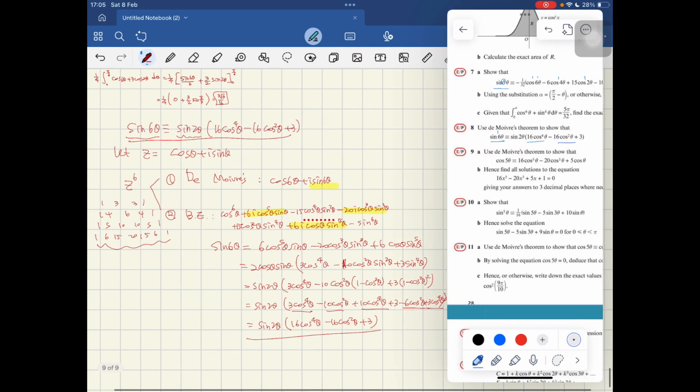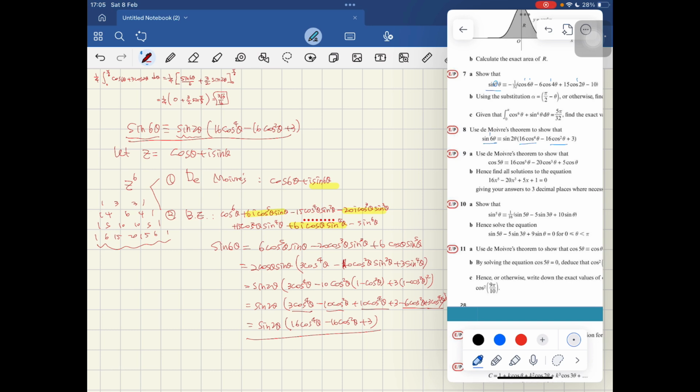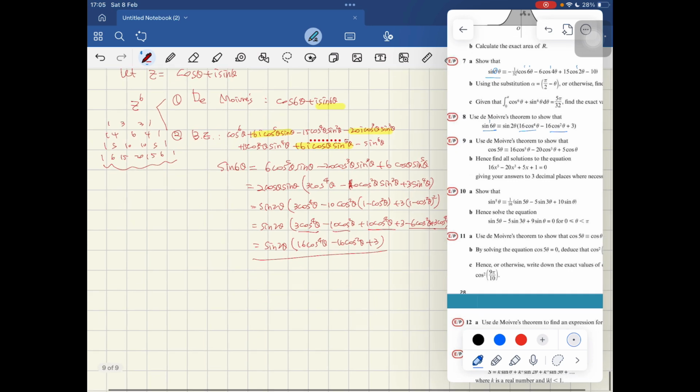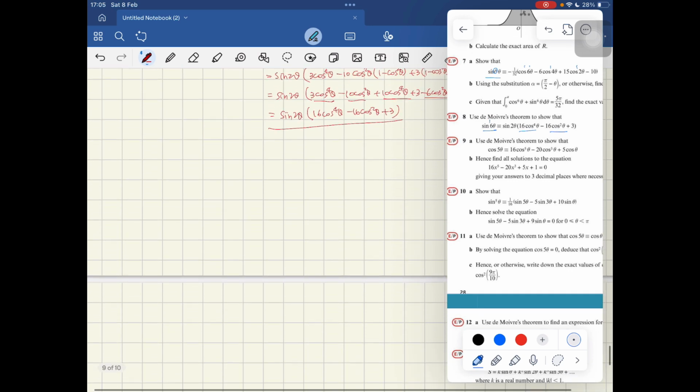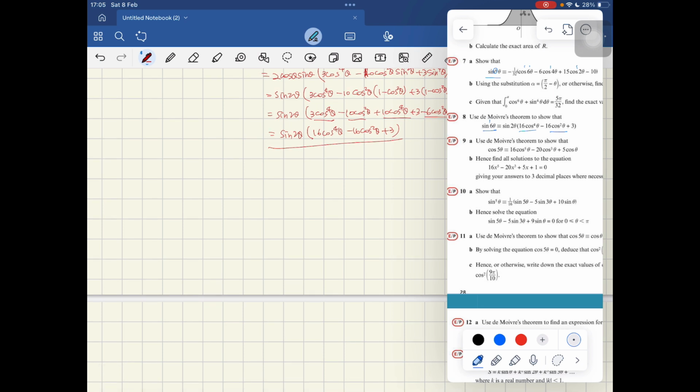The next one, number 9, part A is repetitive, so I will skip it, but I will go for part B with the result of part A. So find all solutions. Let x be cos theta, then 16 cos to the power of 5 theta minus 20 cos cubed theta plus 5 cos theta plus 1 equals 0.